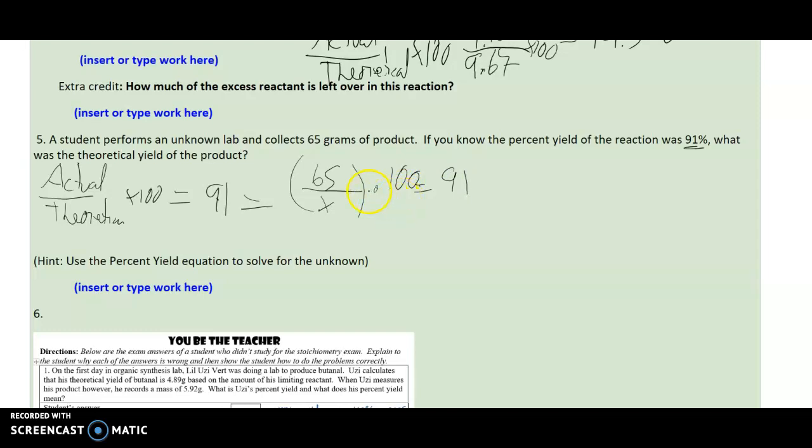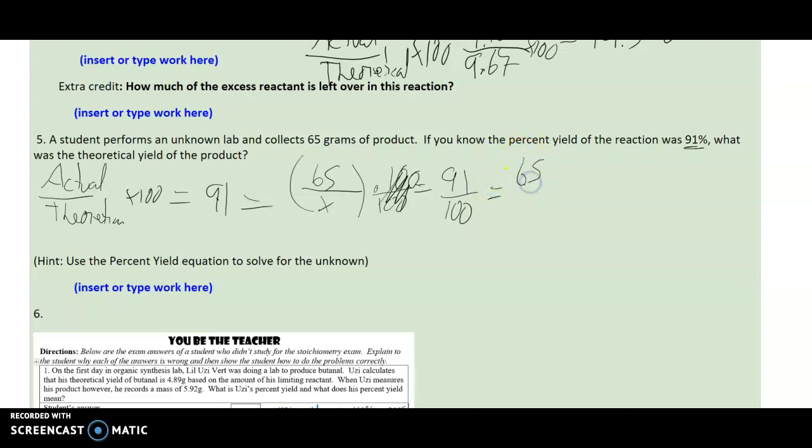First thing, making this a math problem. If I'm multiplying this by 100, I can cancel out by dividing by 100. Whatever I do to one side, I have to do to the other. So now I have 91 divided by 100 is 0.91.